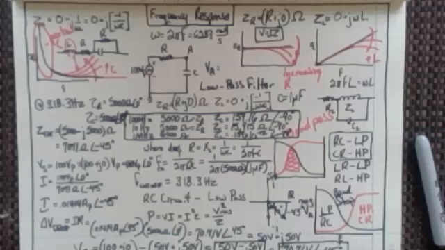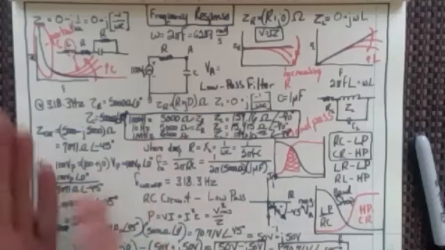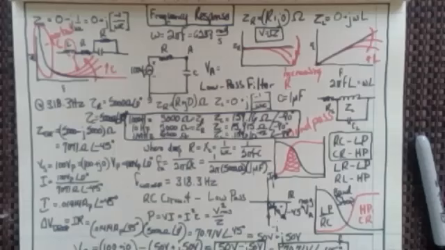And then I'm also going to point out, we're going to go through the same thing, but at different frequencies and see what the voltage at A comes out to be at a variety of different frequencies, so that you can see how this is a frequency response circuit.